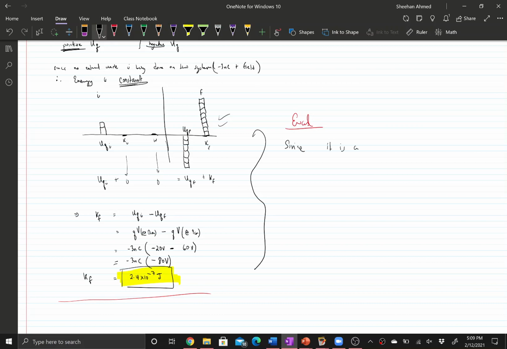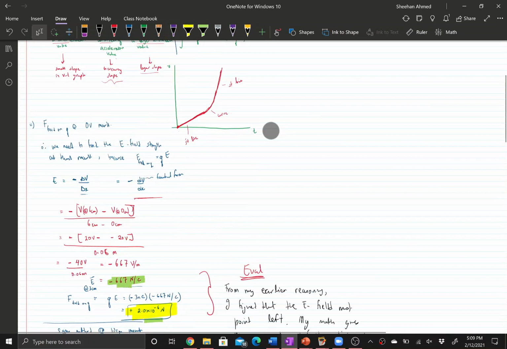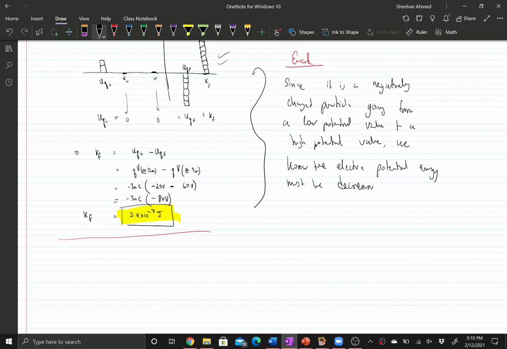Since it is a negatively charged particle going from a low potential value to a high potential value, we know the electric potential energy must be decreasing, right?